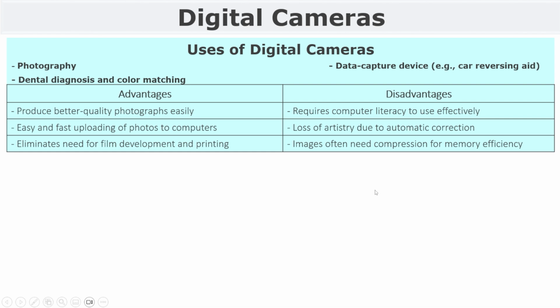The next one is digital cameras. Digital cameras are basically used for taking pictures and videos. The advantages of using digital cameras are that they produce very good, standard picture quality. They are easy and fast to upload onto any computer system, and you can eliminate the need for film development and printing.